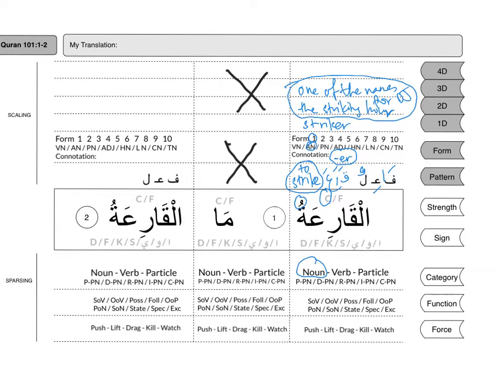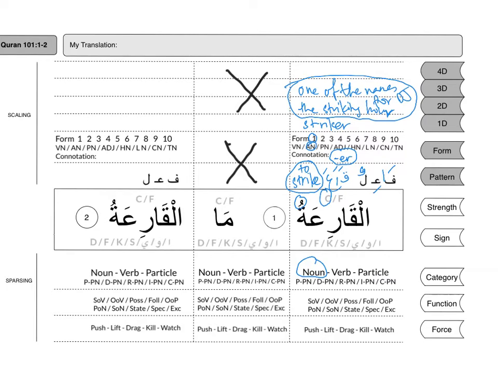We're not going to 4D of the meaning of Al-Qari'ah in this video because of time, and because we have maybe 9 to 11 verses to finish off. So let's go to the function. As you can see on your screen, I have written down all the possible functions, categories and forms for nouns at least.